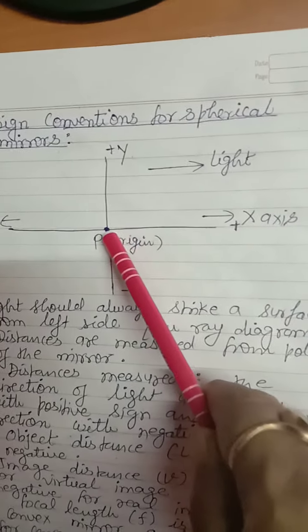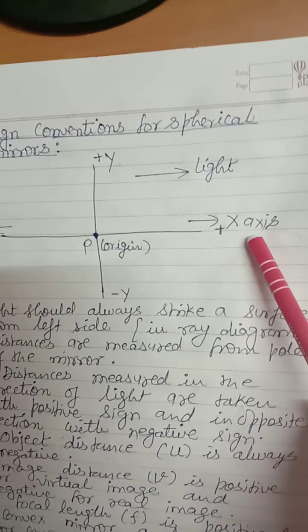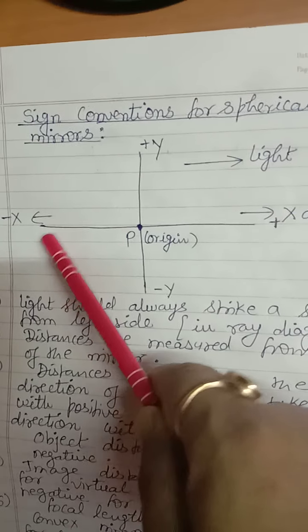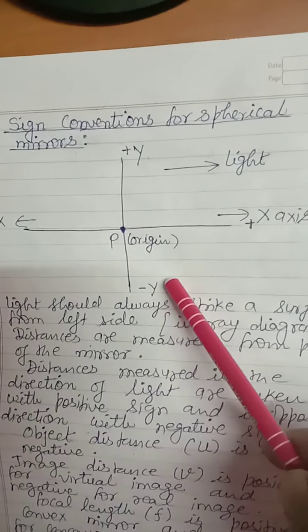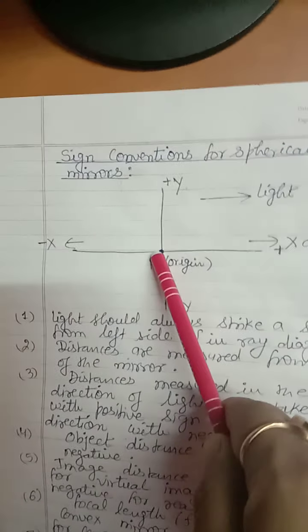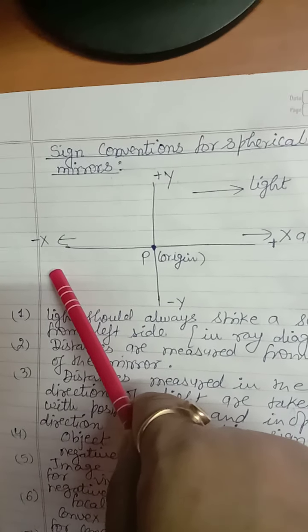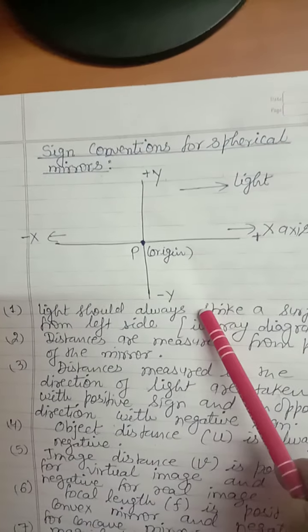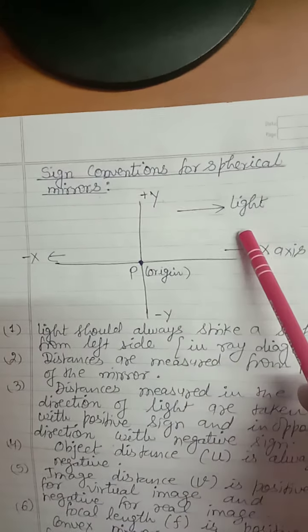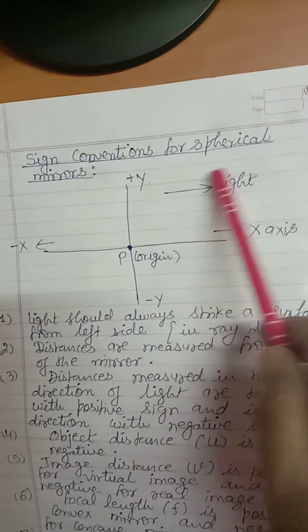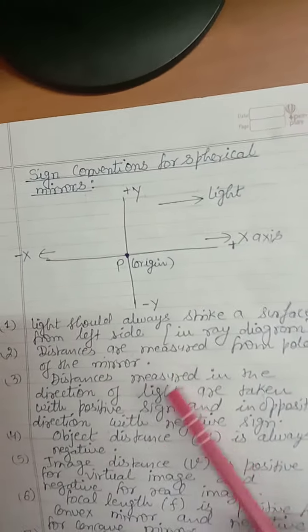When we go towards the right side, we say positive x axis; towards the left, negative x axis; above, positive y; below, negative y. Going in this direction, values are taken with positive sign; going left, negative sign; above, positive; below, negative. So the first rule: light should travel from left to right, so that distances measured in the direction of light are positive.